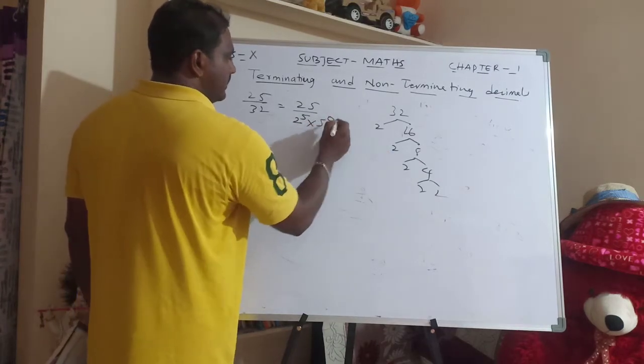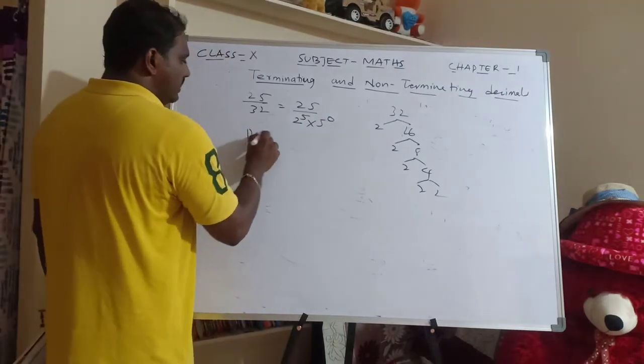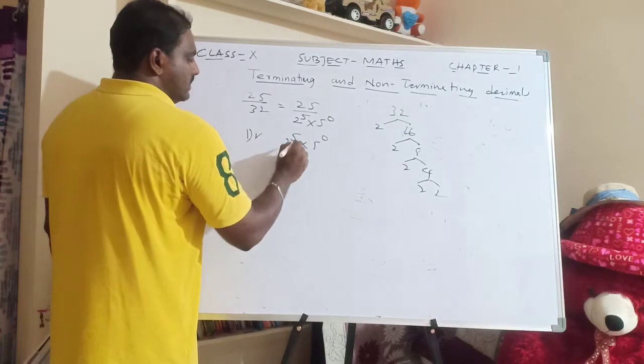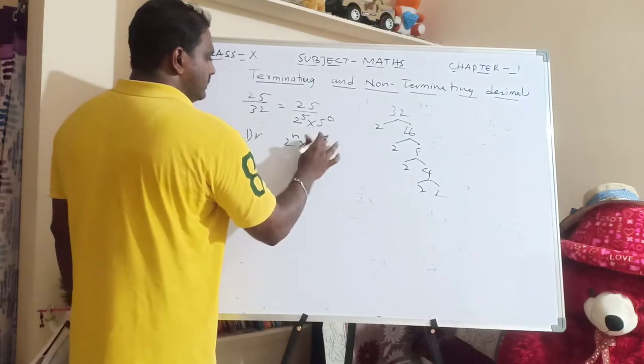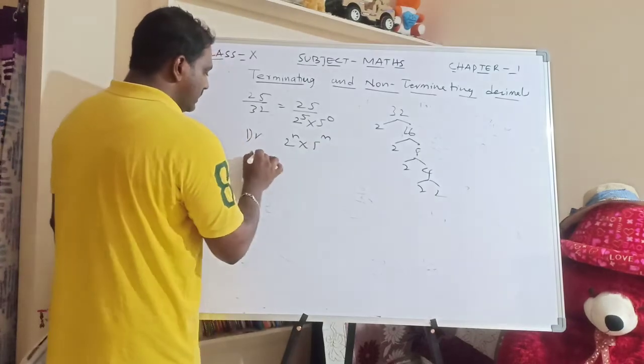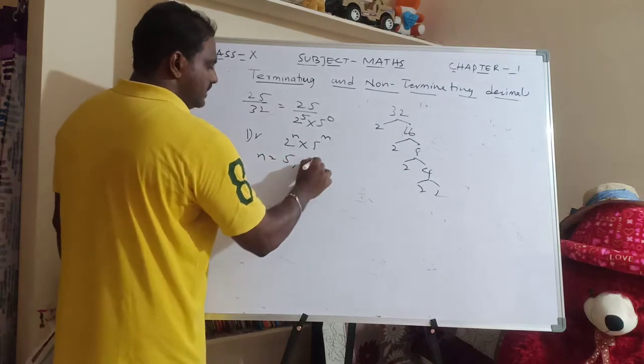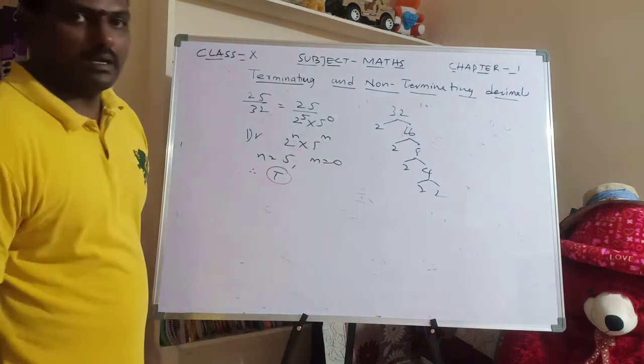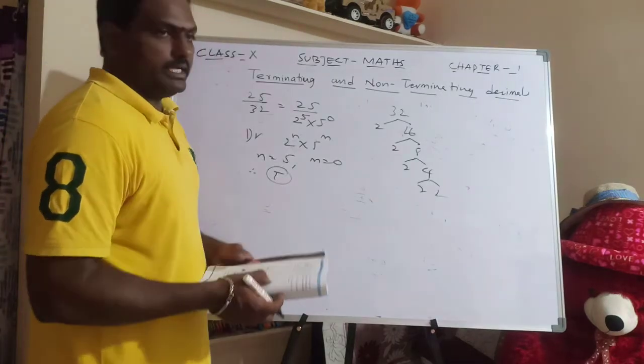Now I write 5 power 0. Yes, the denominator is in the form of 2 power 5 into 5 power 0, that is 2 power n into 5 power m, where n is equal to 5, m is equal to 0, therefore it is terminating. So the answer is it is a terminating decimal.